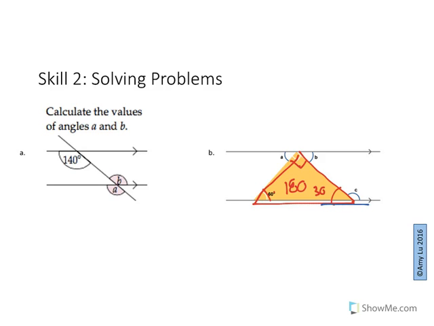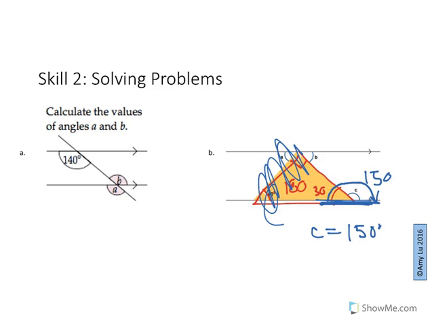Well, I notice that this is a straight line. I can ignore all this and notice that 30 plus angle C has to make 180. Therefore, angle C has to be 150 degrees because together they make 180.